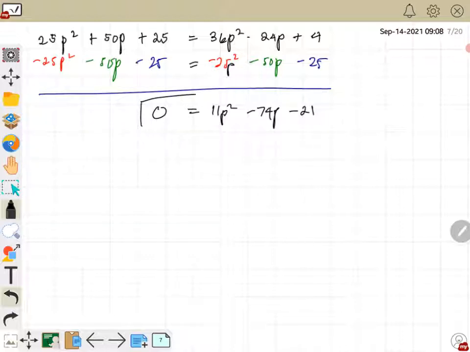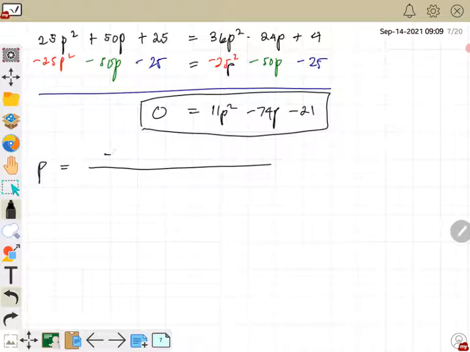As you notice, this is a quadratic equation. If you don't know how to factor this one, you will use the quadratic formula. Since our equation is in terms of p, we say p equals negative b plus or minus the square root of b square minus 4ac, all over 2a.